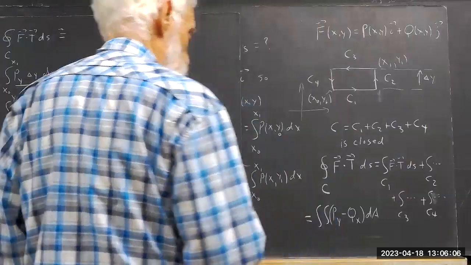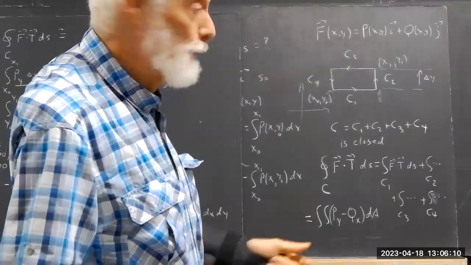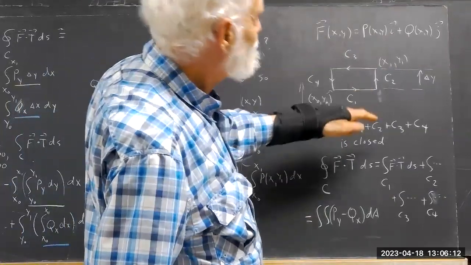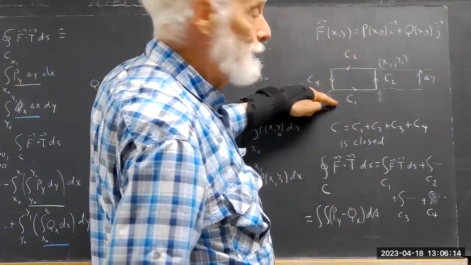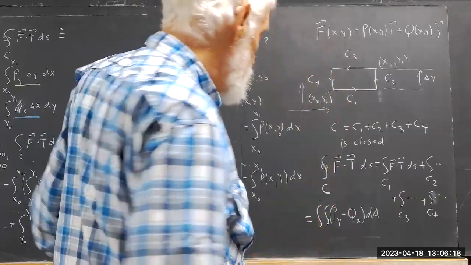And this means, remember when I wrote this down, was it the right order or not? I could have stopped to think about it because I know that if you go up here and come down here, you're going to get a negative, and that's going to be the integral of Py.